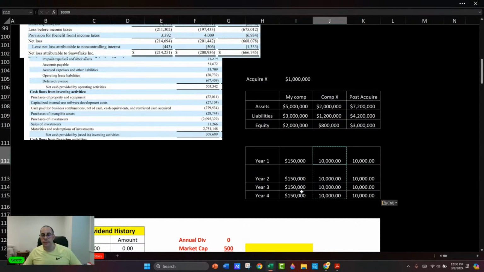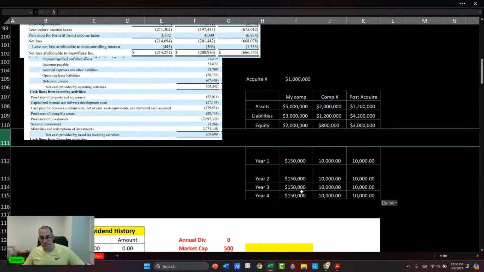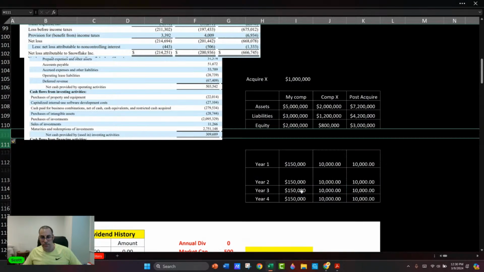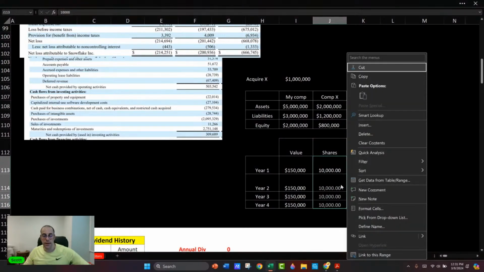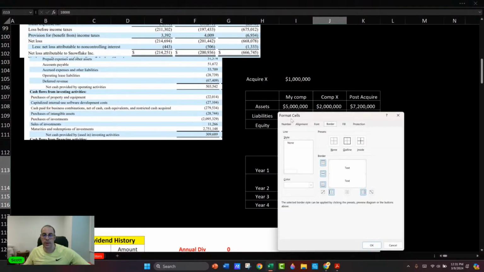So okay, this is the value, shares, and the price. So I'm going to give you 10,000 shares of stock each year for your first 4 years to compensate you for taking a lower paying job.